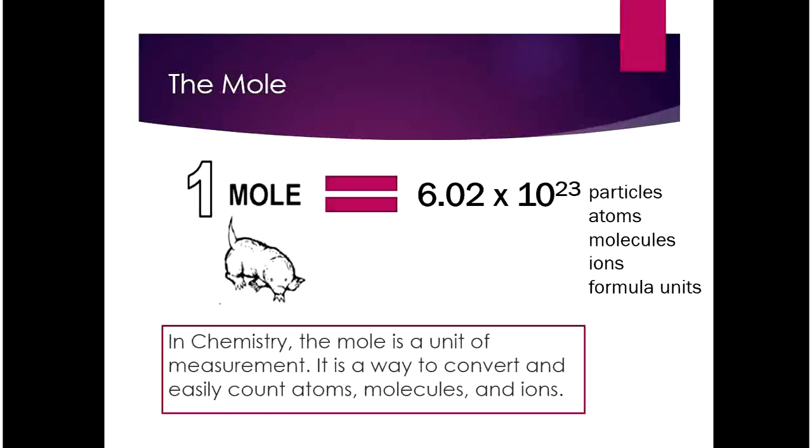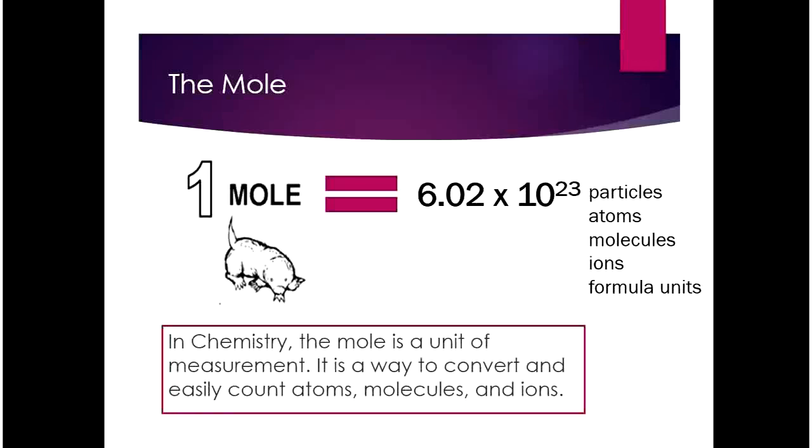So 1 mole is equal to 6.02 times 10 to the 23 particles. Now that word particles can also mean different things. So it could be 1 mole is equal to 6.02 times 10 to 23 atoms. 1 mole is equal to 6.02 times 10 to 23 molecules. 1 mole is equal to 6.02 times 10 to 23 ions.